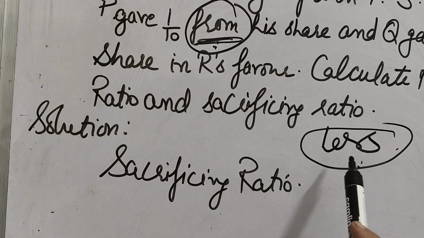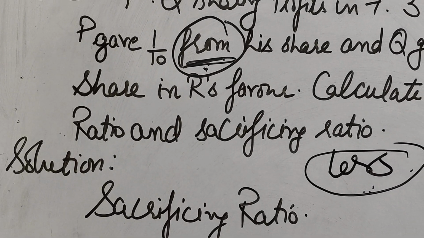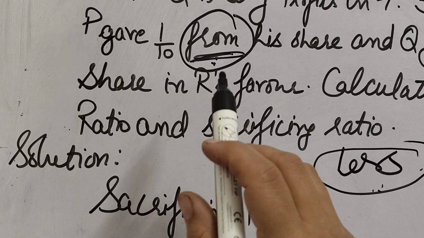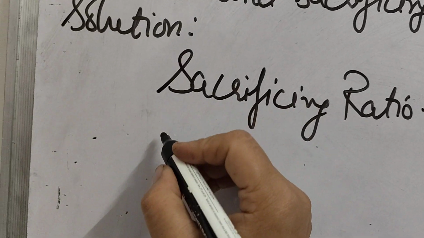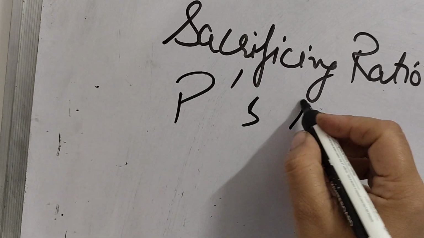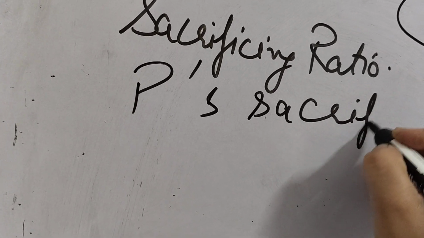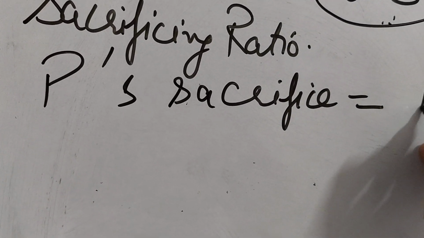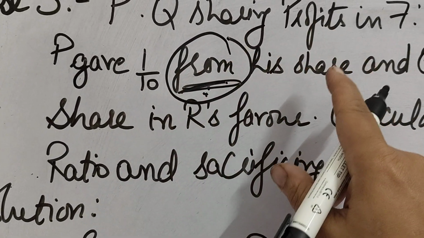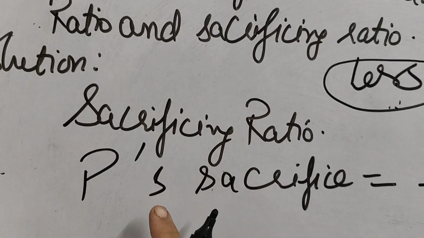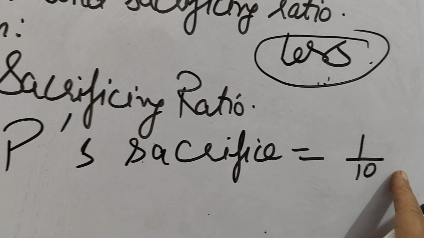So when the question is saying P is sacrificing 1/10 from his share, P's sacrifice here is 1 by 10 because the question says from his share. So what is P's sacrifice? That is 1 by 10.